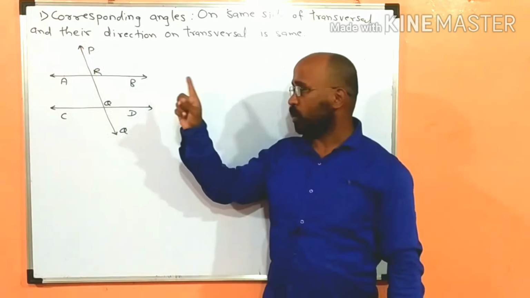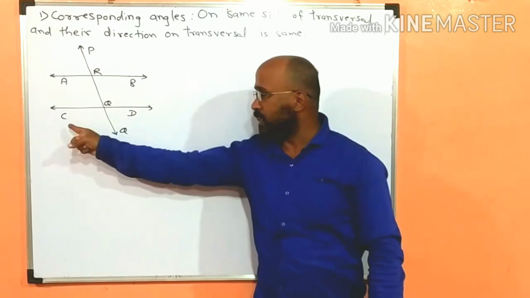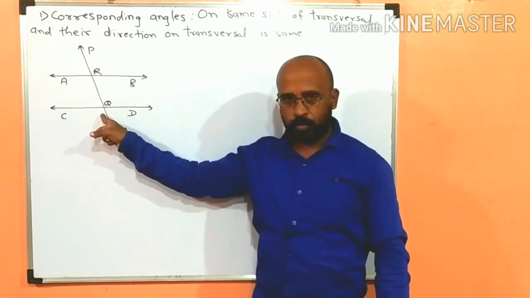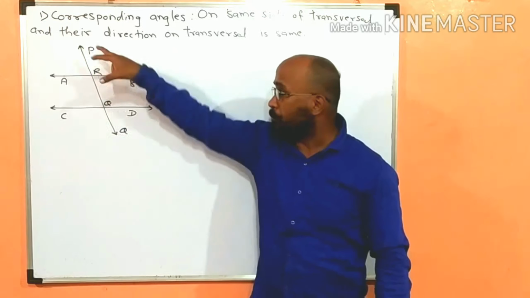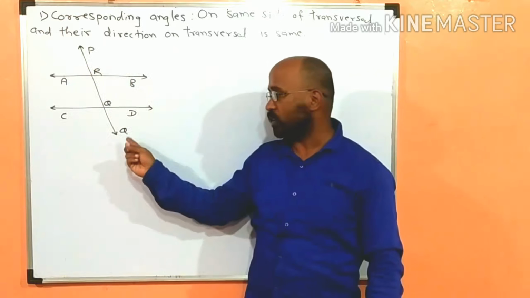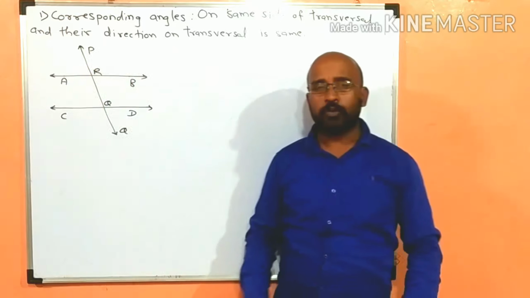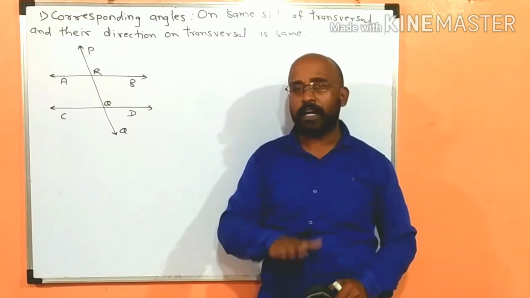PQ is transversal because it is intersecting two lines at two different points. CD is intersecting only one line at one point. AB is intersecting only one line at one point, but PQ is intersecting two lines at two different points. So transversal is PQ.